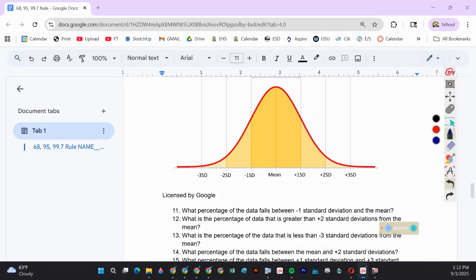Between the mean and 2 standard deviations. So what's that going to be? Half of 95. So 47.5. And I think the answer is on the back. They're according to the 95.4, right? No, they're not.